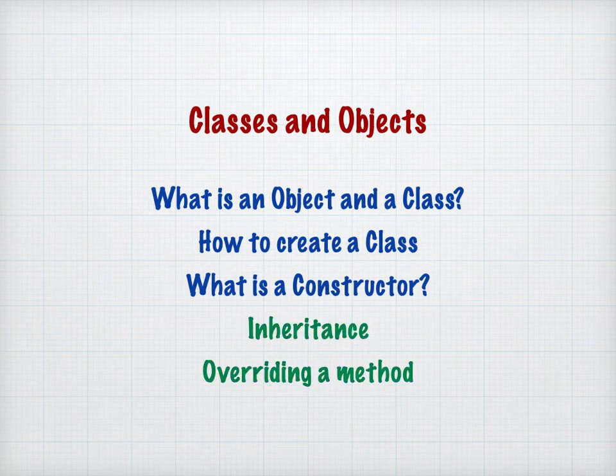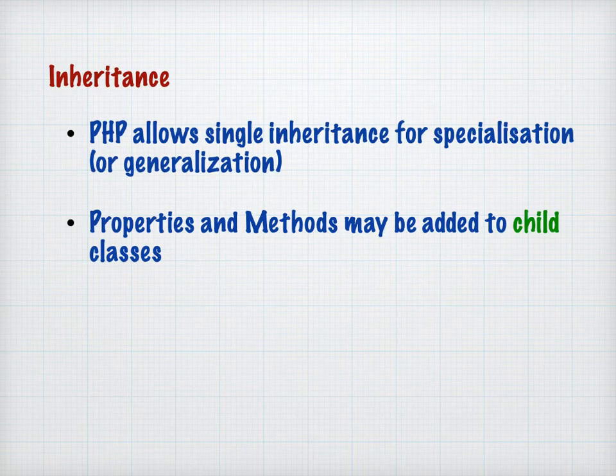So let's look at the final part here, which is to do with inheritance and overriding a method. Now, inheritance is really all about the way that we can reuse objects and classes that we've already created. Well, specifically classes really.